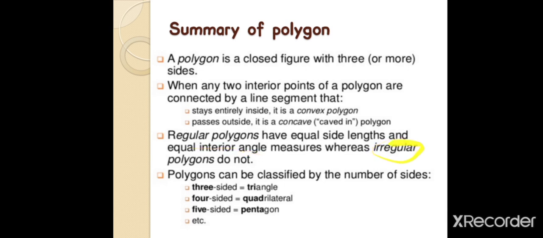But in the case of an irregular polygon, these two conditions are not satisfied. Polygons can be classified by number of sides: 3-sided is a triangle, 4-sided is a quadrilateral, 5-sided is a pentagon, and so on.